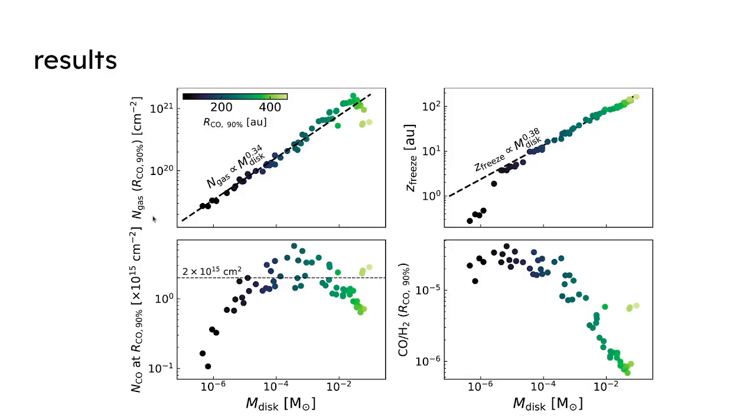What is N gas? N gas is basically just surface density. Yes, is it? Yes, I got confused about the term. I felt like it needed another word, but no. So surface density, this is basically a value of surface density just divided by 2.3 masses of proton, which is a mean molecular weight.